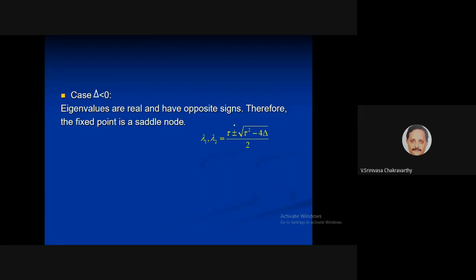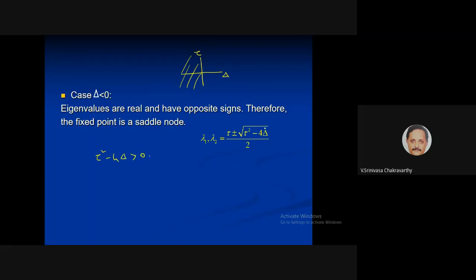Take the first case, where delta is negative. Let us look at this delta and tau space, at this entire part, where delta is negative. What happens when delta is negative? These are the roots, so tau squared minus 4 delta is positive.